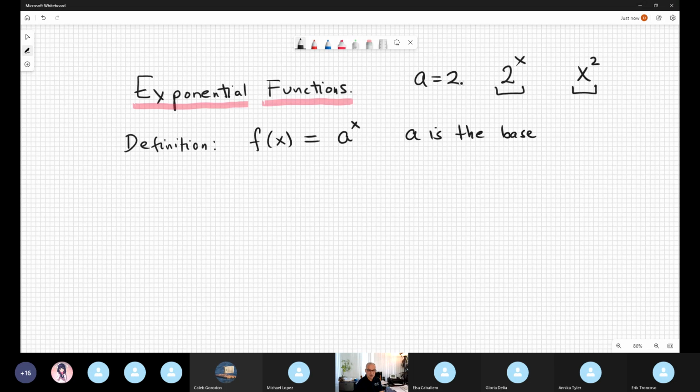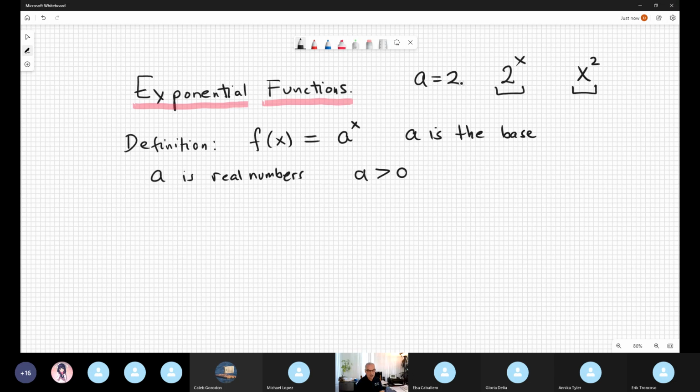The restriction for the base is that it is not an arbitrary value. In general, it is a real number, and that means fraction, irrational, crazy, pi, radical 2. But important, the base is always positive, never negative.